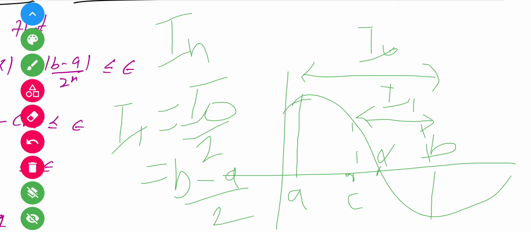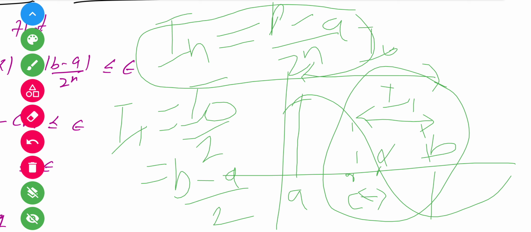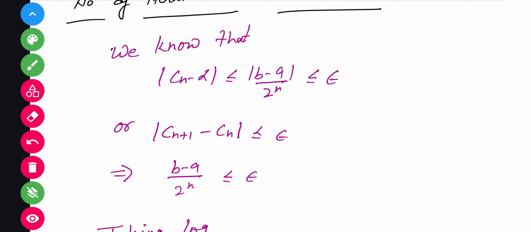In this figure or graph, you can see that C minus alpha is less than I1, and C minus alpha is less than IN. So I can write that C minus alpha is less than or equal to (B minus A) divided by 2 to the power n, right?